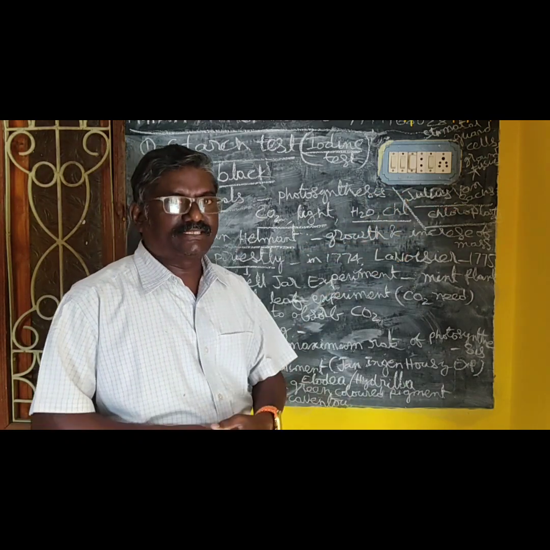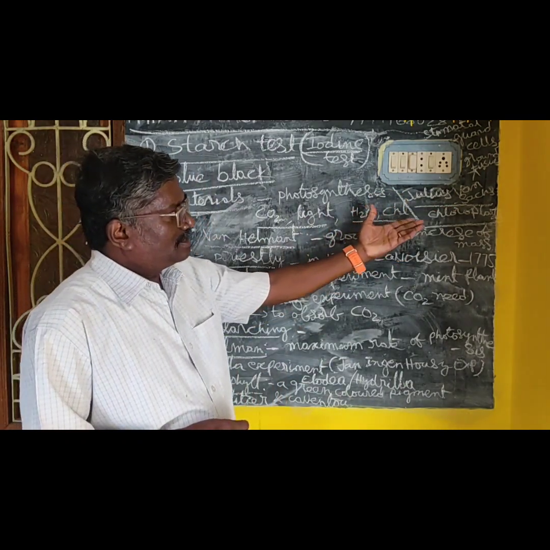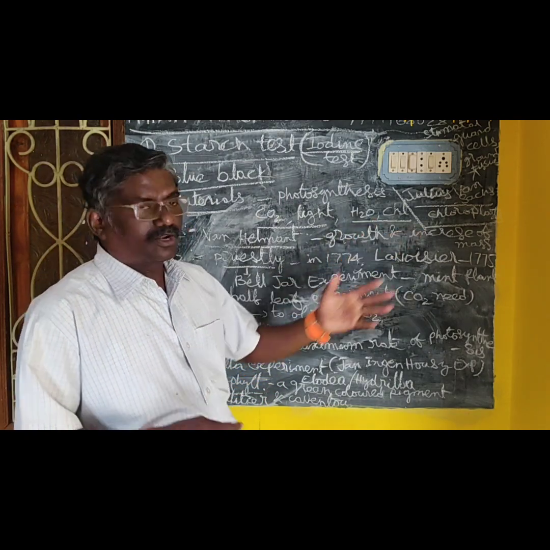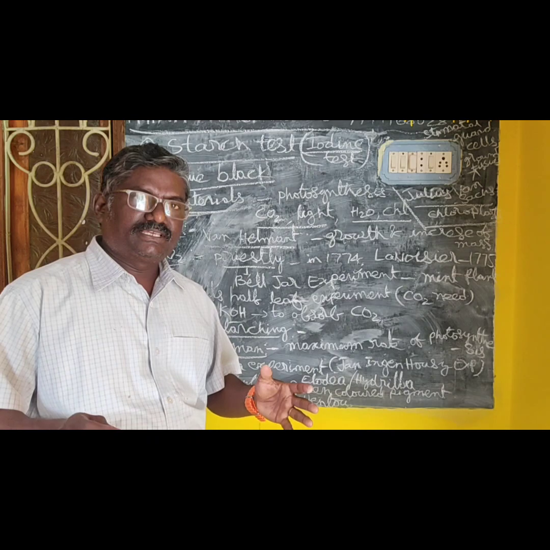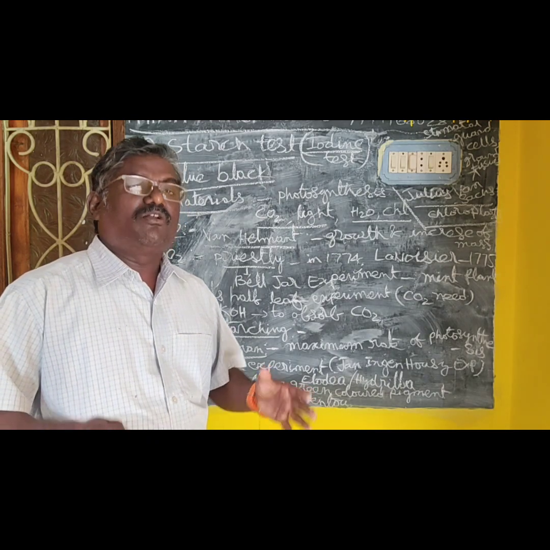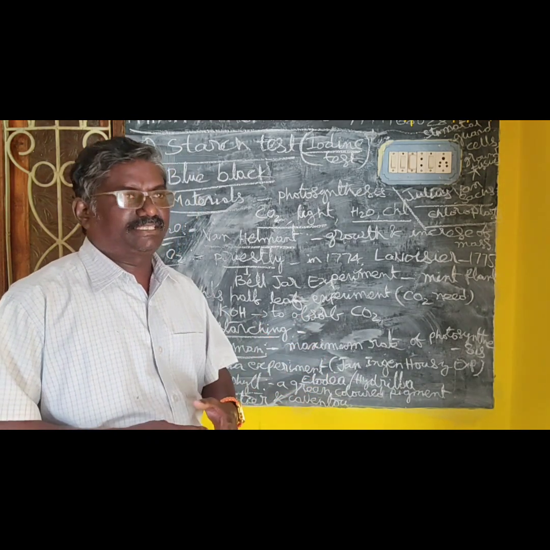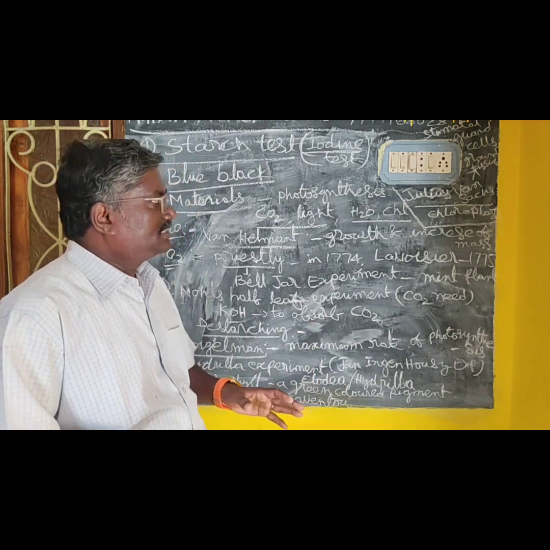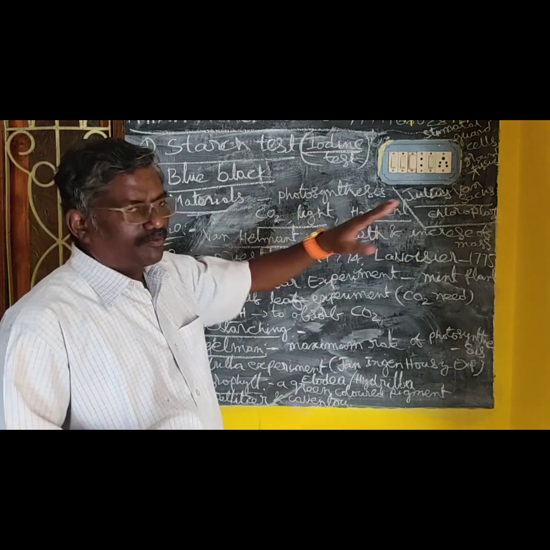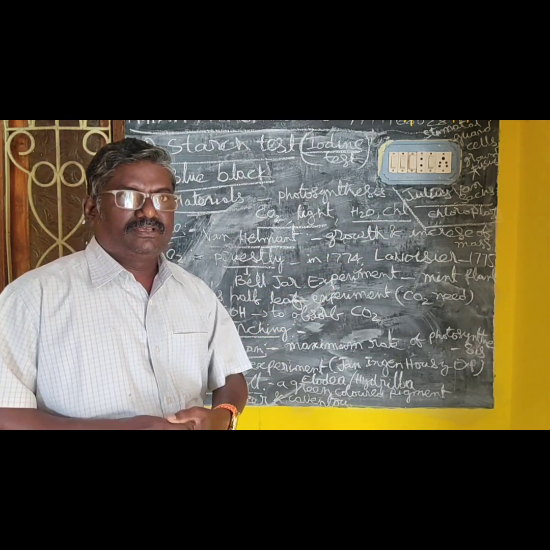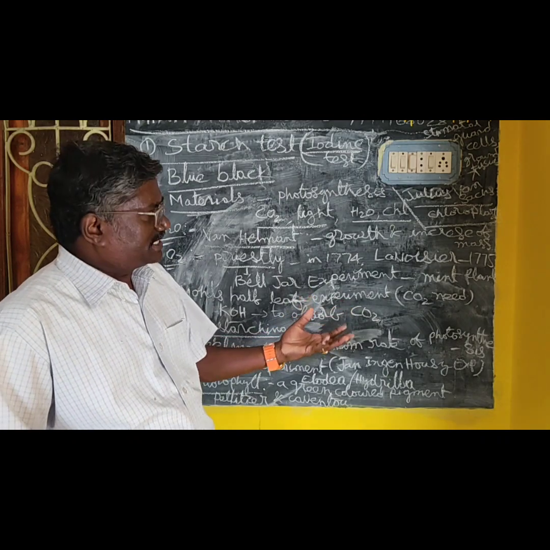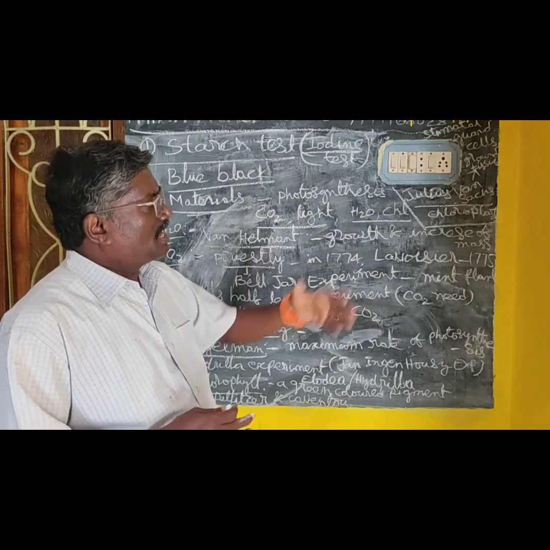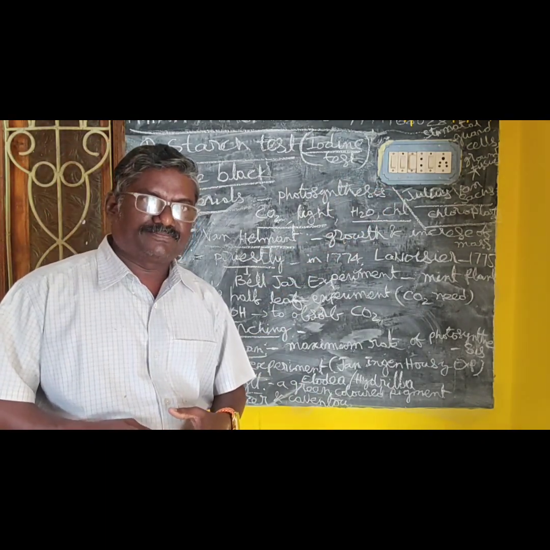Julius von Sachs found that chlorophyll is present in the organelles of plant cells. He named such organelles chloroplasts. Large numbers of chloroplasts are present in the stomatal guard cells and ground tissues of plants.